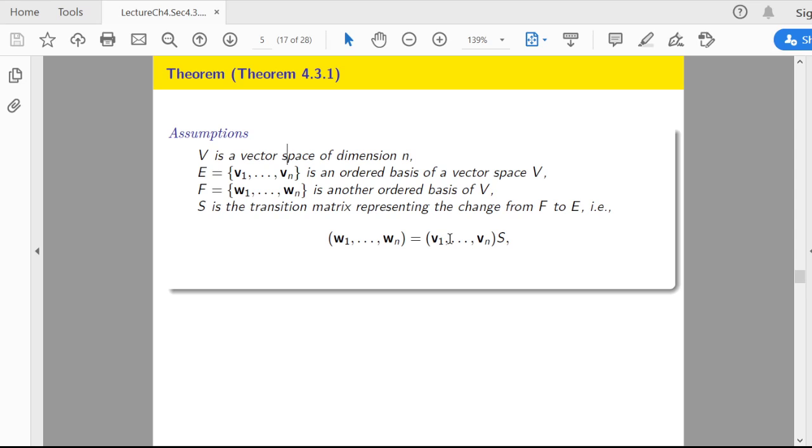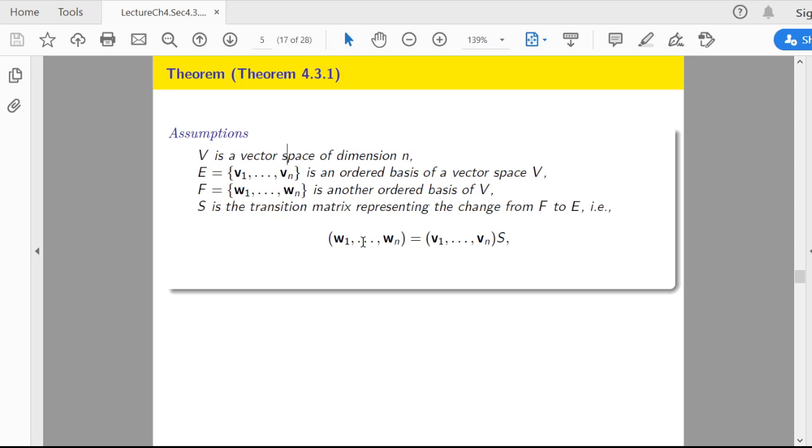So in this way, W1 is a linear combination of V1, V2 to Vn. That means we have [V1, V2, ..., Vn] multiplied by the matrix S's first column.